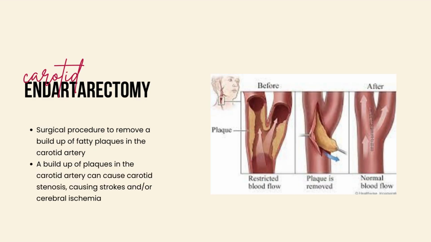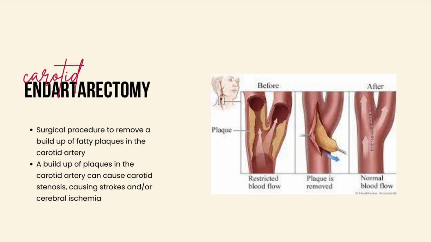A carotid endarterectomy. So in this picture here, you can see that there is a lot of carotid stenosis due to a buildup of plaque, which restricts the blood flow. So with the carotid endarterectomy, the plaque is removed.